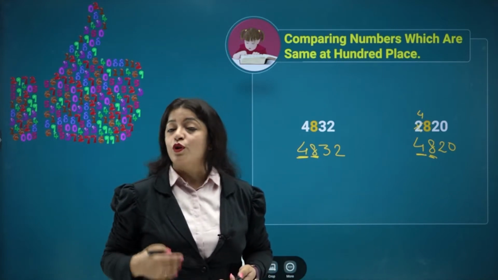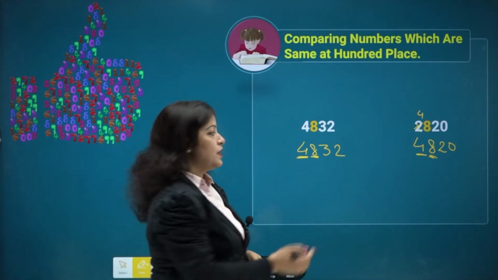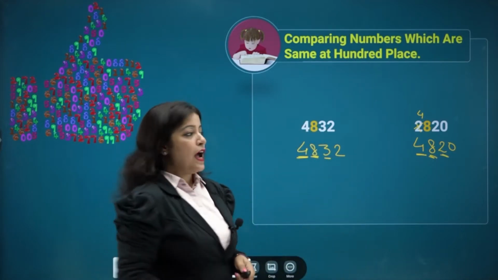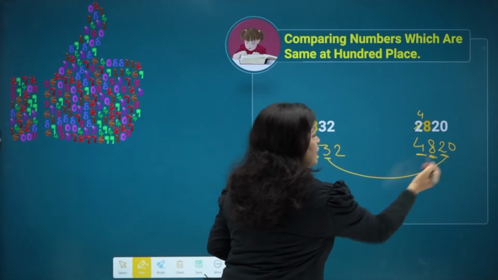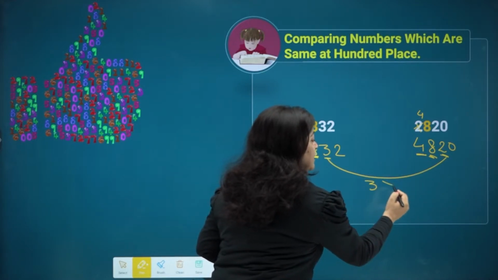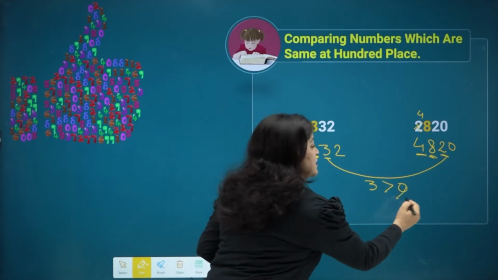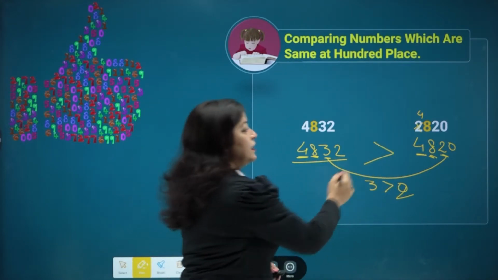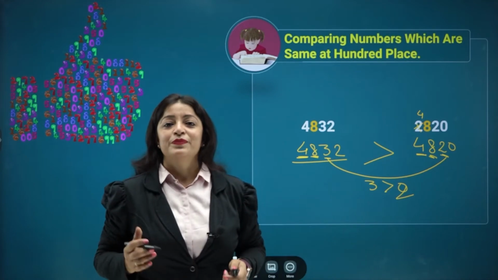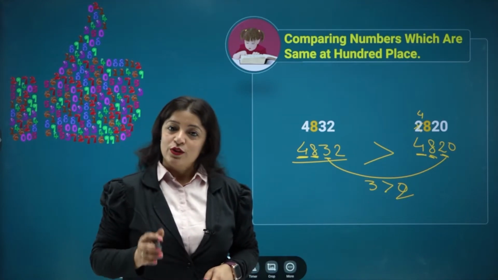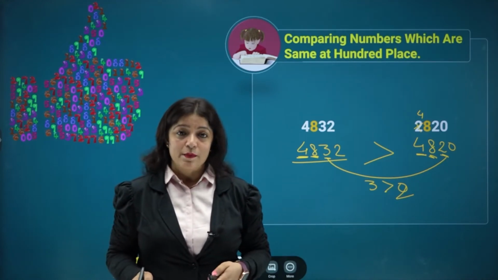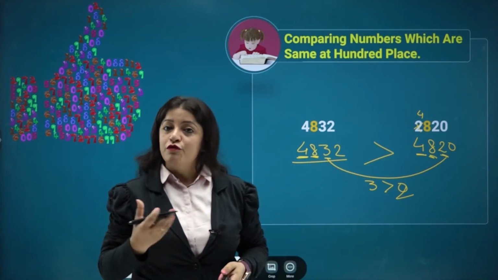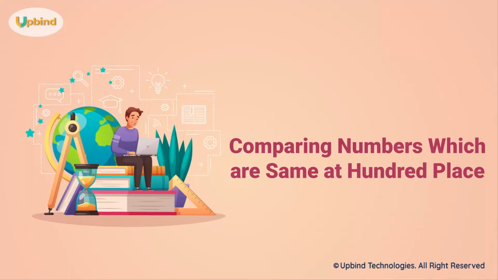Then we move further to the right-hand side and find that the digits on the tens place, 3 and 2, are different. And when we compare 3 and 2, we find that 3 is greater than 2. That means the number on the left-hand side will be greater than the number on the right-hand side. So in this way we can compare various numbers even if the first 2 or 3 or 4 digits of a number are the same.